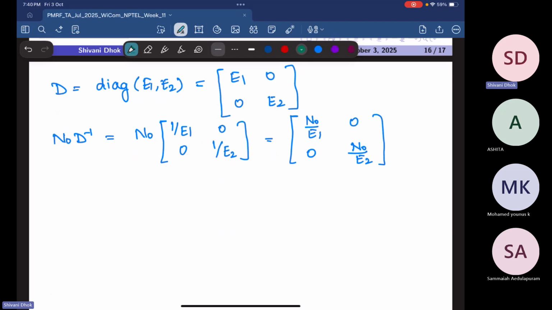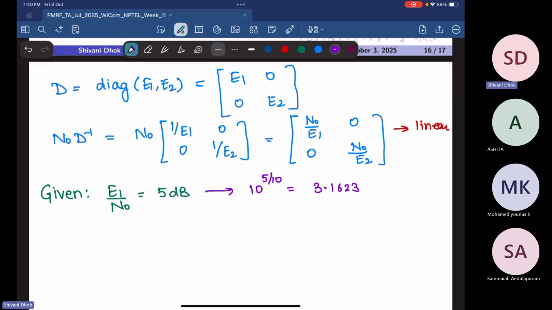So now let us construct N naught into D inverse. What is given to us is E1 by N naught as 5 dB. This is in dB, and this particular equation is in linear scale, so you need to convert dB to linear. When I do that, this is 10 to the power 5 by 10, which comes out to be 3.1623.